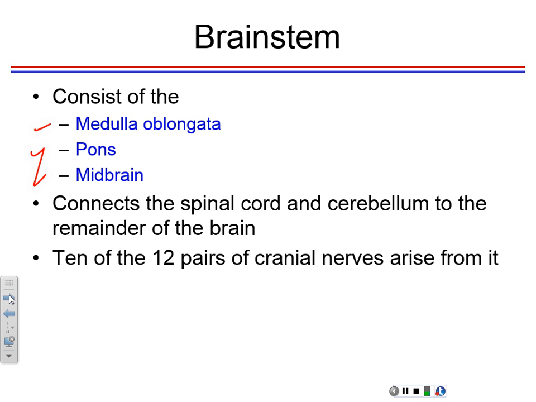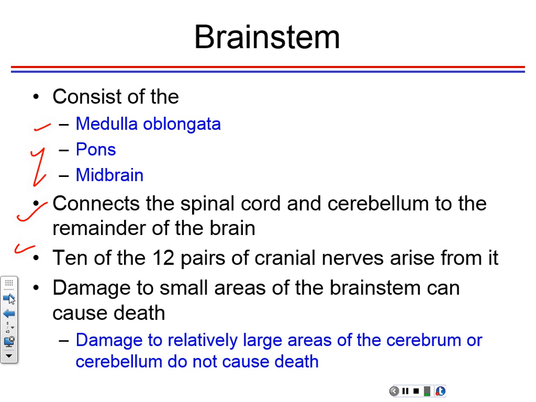The 2 will be the olfactory for smell, which is on the frontal lobe, and the optic for vision, the cranial nerve number 2. The rest of them, 10 of them, arise from the brainstem, scattered throughout. So that's the brainstem right there. It's got all the cranial nerves except just the 2.